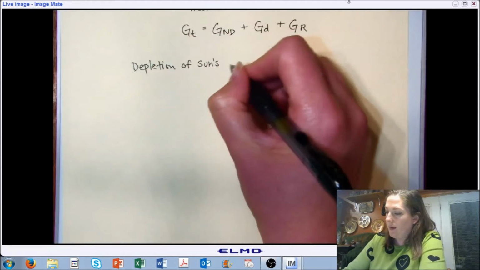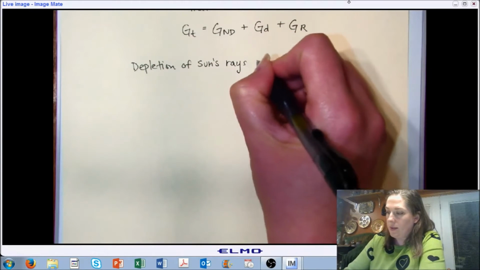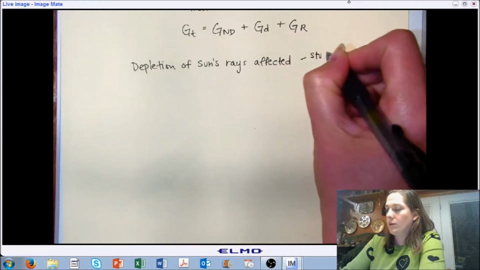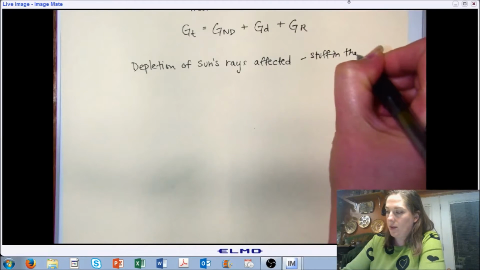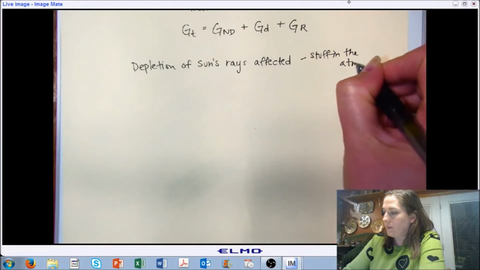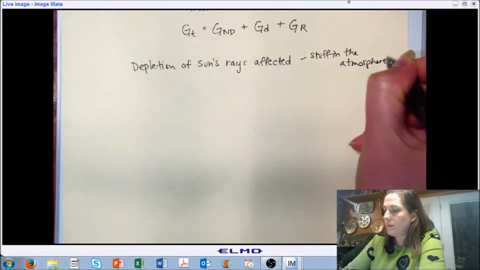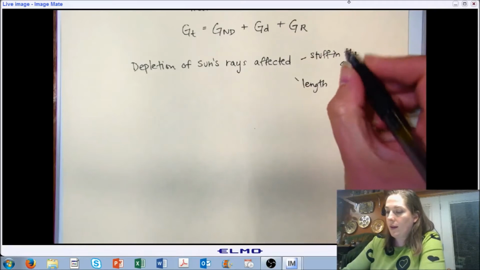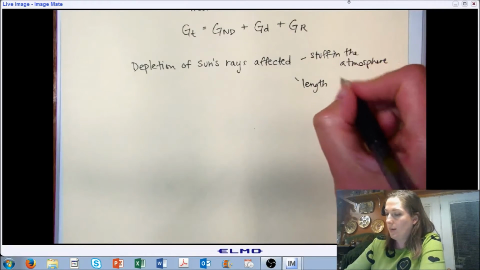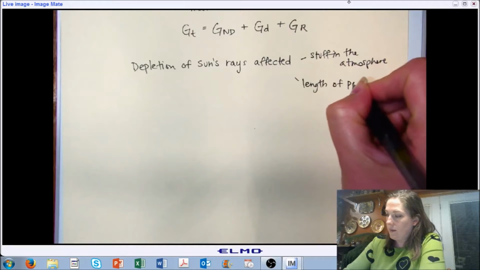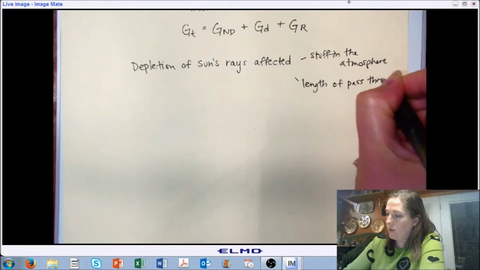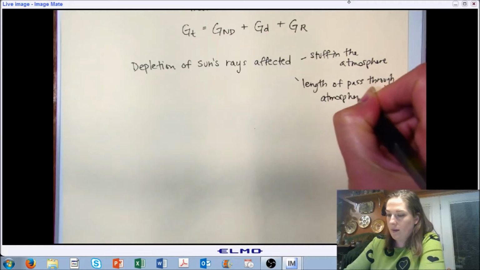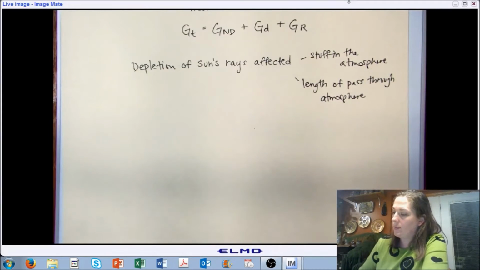The sun's rays that are coming onto the Earth's surface are affected by stuff in the atmosphere, which we've already kind of talked about, as well as the length that it takes to pass through all of the atmosphere. Let's visualize that for a minute to convince ourselves that that is an important consideration.